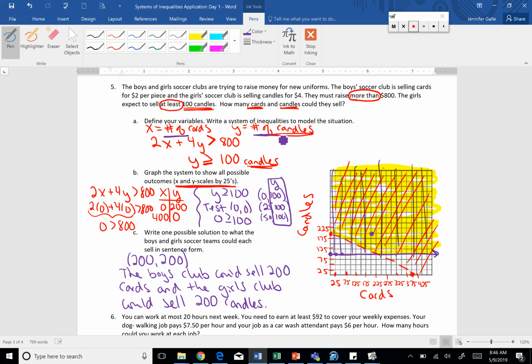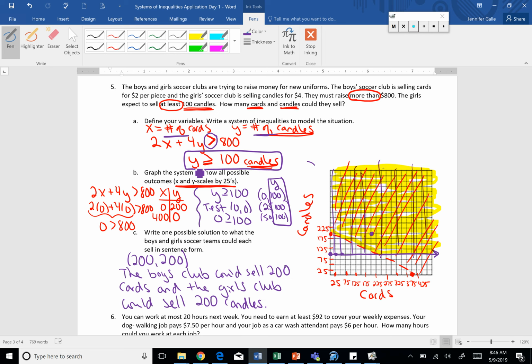So again, a couple highlights on this question. There's no equal to in that top inequality, so we do have a dotted line. Our second inequality only involves one of the variables. It only involves candles, so it only involves Y. I know that's a new idea for us.